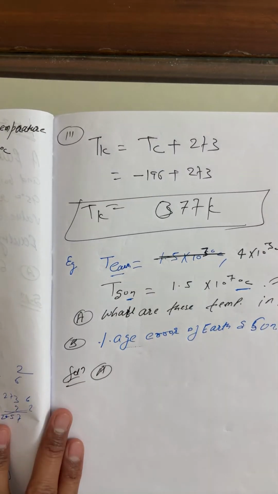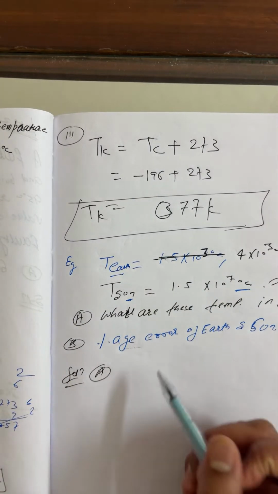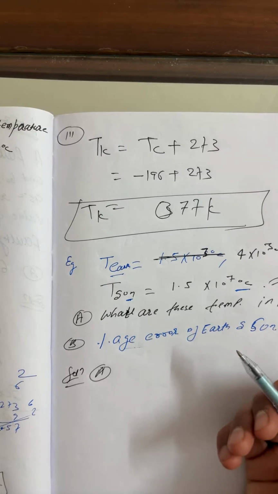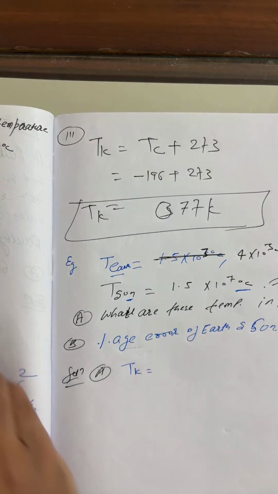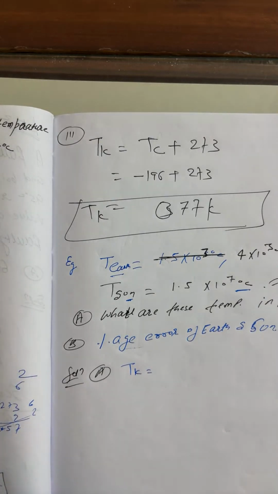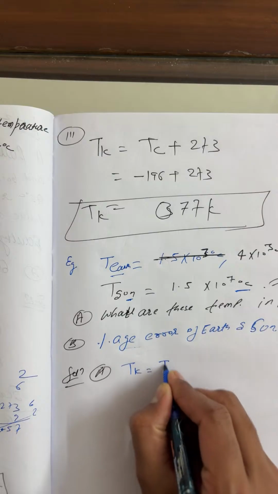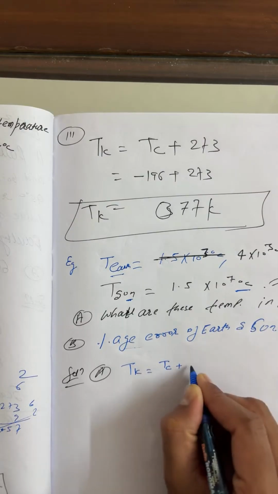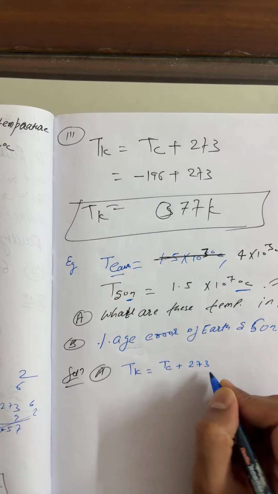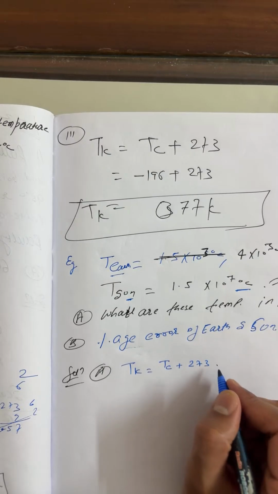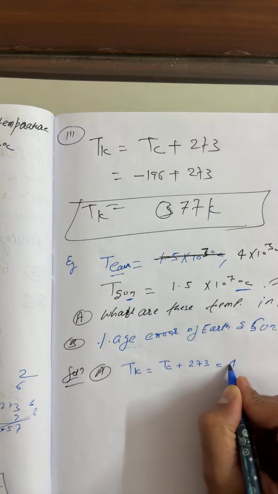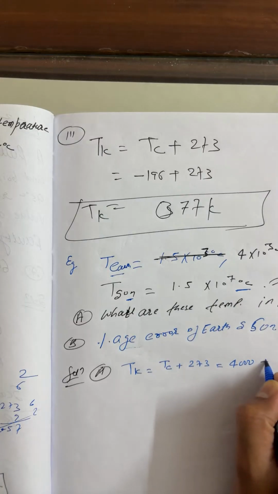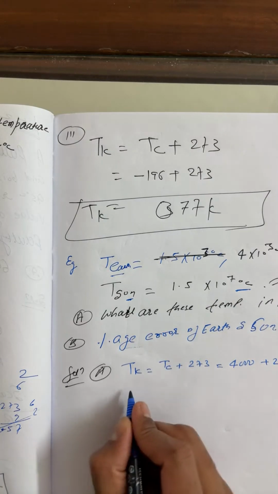In the first part, we have to convert these temperatures into Kelvin. It's pretty easy. Use the formula: temperature in Kelvin equals temperature in degree Celsius plus 273. Here this is 4,000, so 4,000 plus 273.